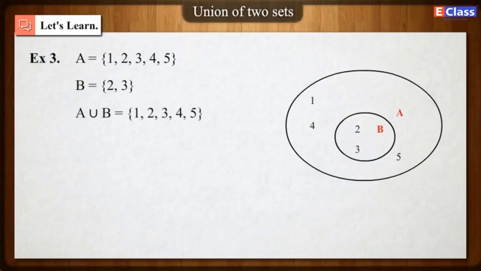A union B is equal to {1, 2, 3, 4, 5}. Observe that set A and set A union B have the same elements. Hence, if B is a subset of A, then A union B is equal to A.